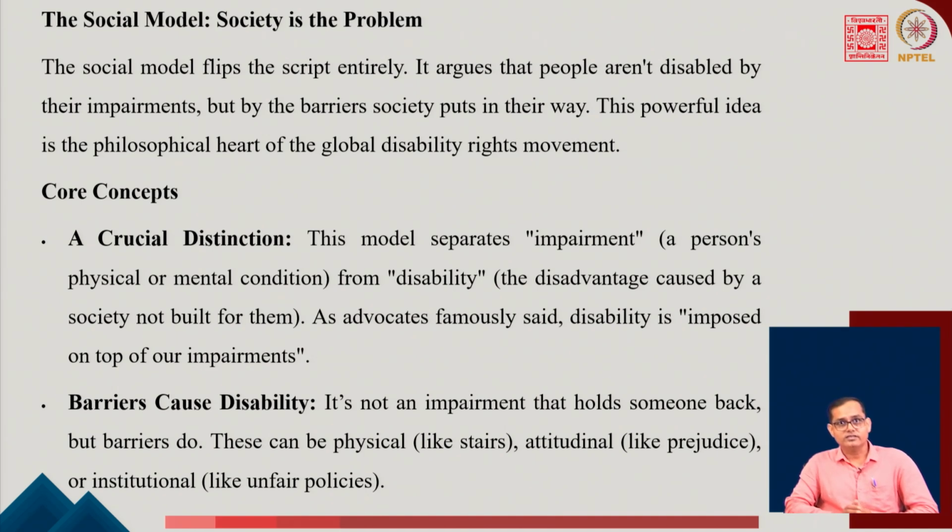As advocates famously said, disability is imposed on top of our impairments. Barriers cause disability. It is not an impairment that holds someone back, but barriers do. This can be physical like stairs, attitudinal like prejudice, or institutional like unfair policies.